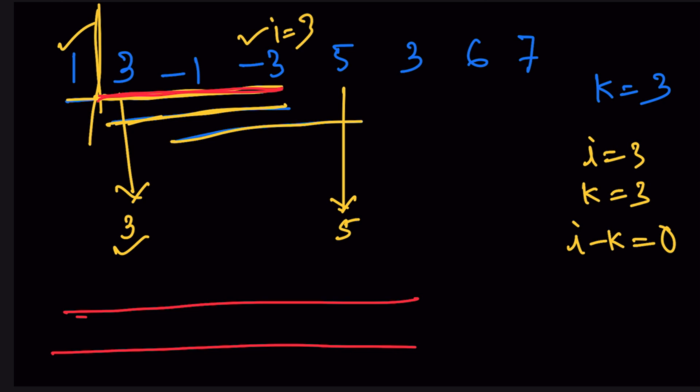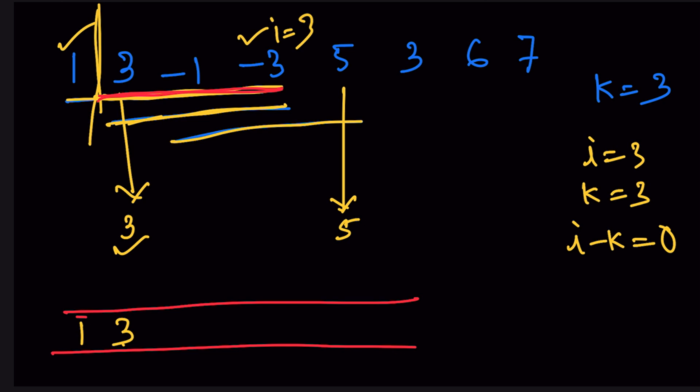So first we have 1. Then we have 3. The k is 3, so we have not processed all elements for the first window. When we got 3, will 1 become the max anytime? Doesn't matter what the value of k is.